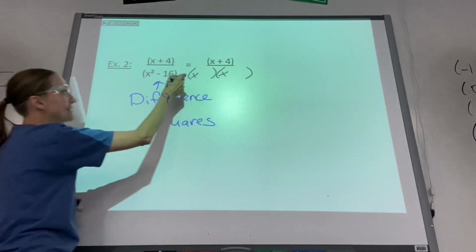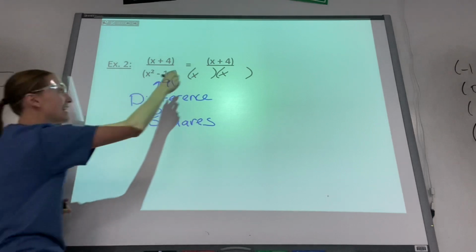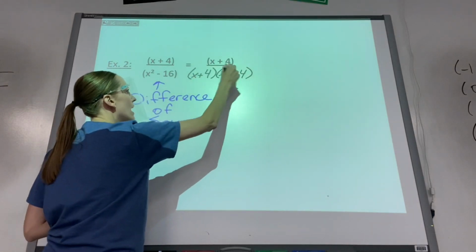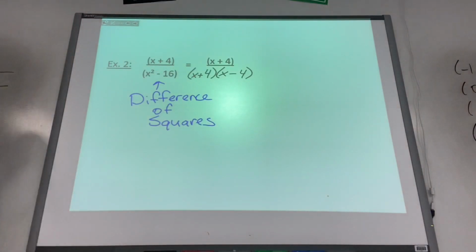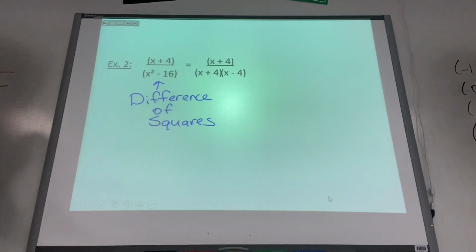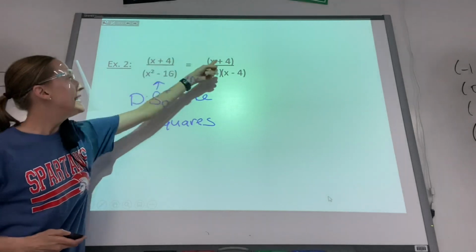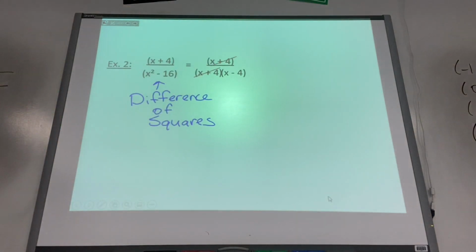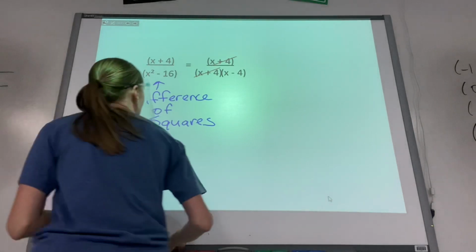And then what do we square to get 16? 4. Make one of those a plus, the other one a minus. That's always how you do a difference of squares. So I factored everywhere I could. Now I'm going to eliminate common factors.